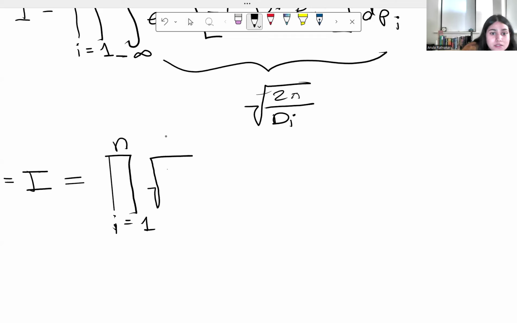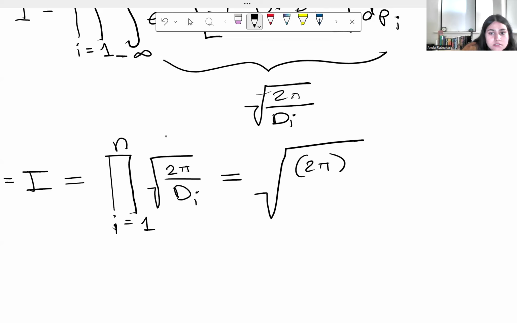2 pi over di. And this is the same thing as 2 pi to the n over the product i equals 1 to n of these di's.